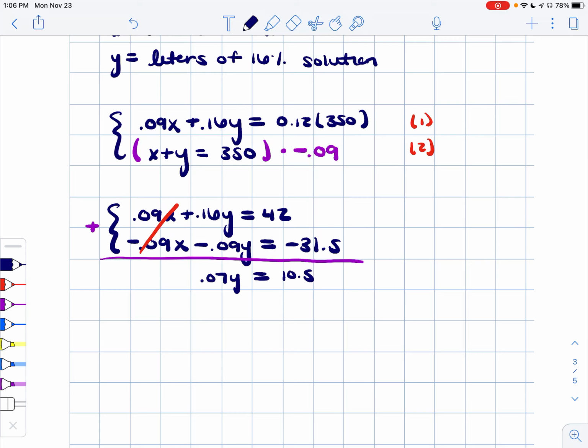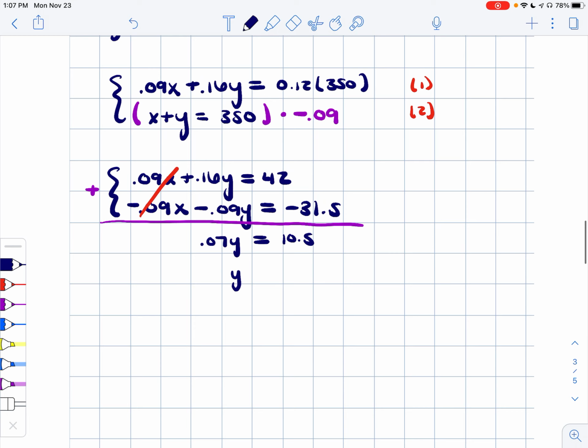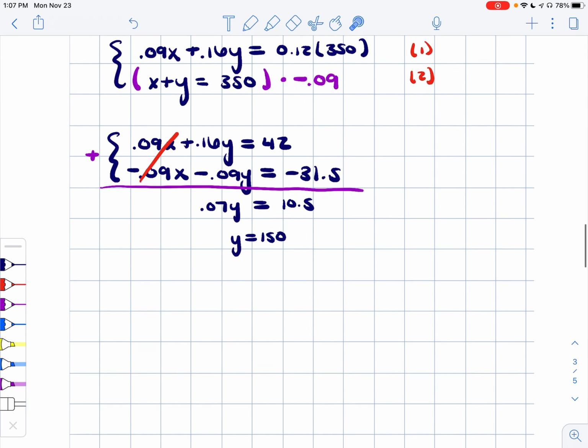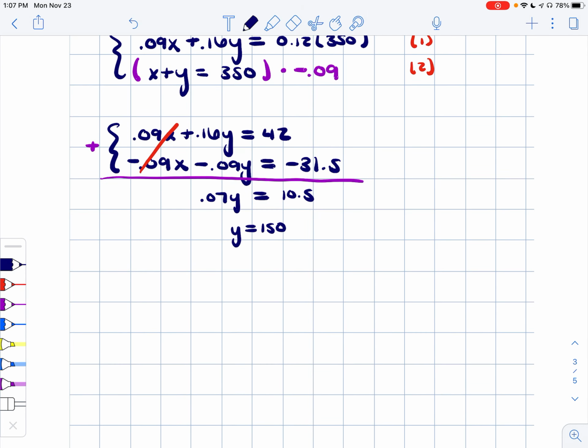All right, and then if we divide the 10.5 by 0.07, we get 150. So y is equal to 150. And remember, y was liters of the 16% solution. So 150 liters of the 16% solution.